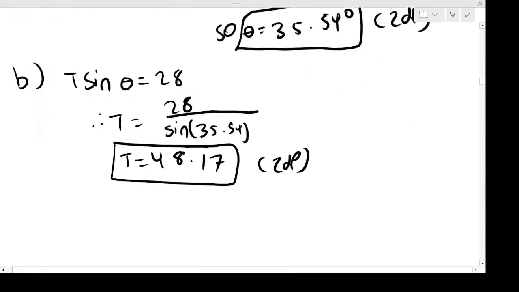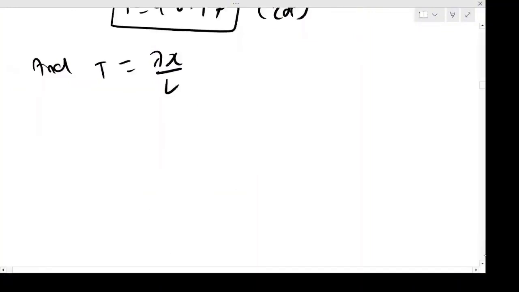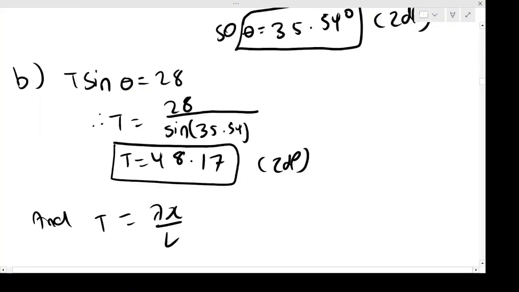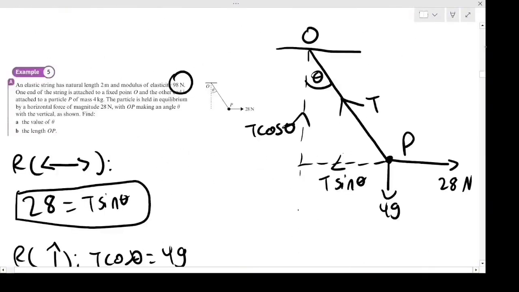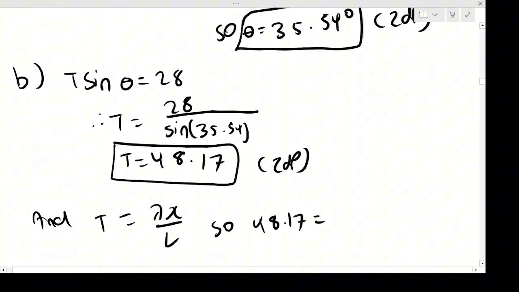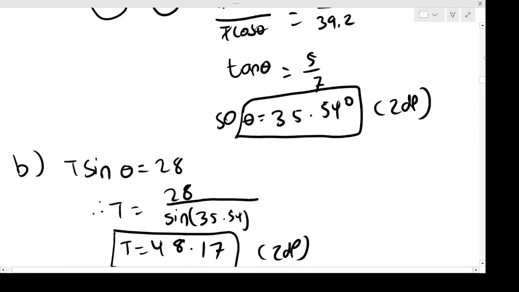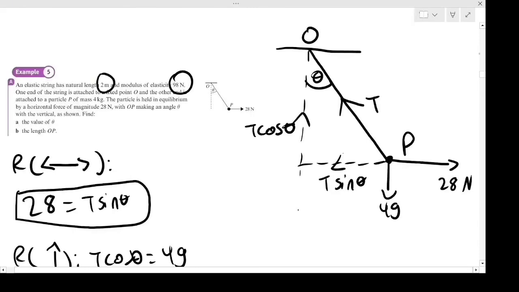So T is lambda x over L. Now, T, which we just worked out, is 48.17. Lambda, the modulus of elasticity, is 98, times x over the natural length, which is 2.